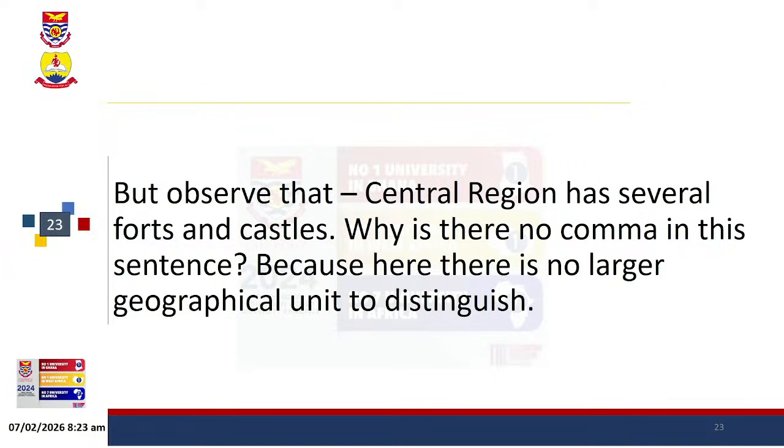So don't go and force a comma where there are no provisions for two or more larger geographical landmarks. Ghana is in West Africa, but if you are writing Ghana is my homeland, you don't need to separate Ghana from any other thing with a comma. We use it in places to separate larger geographical units from smaller ones within them. Good.